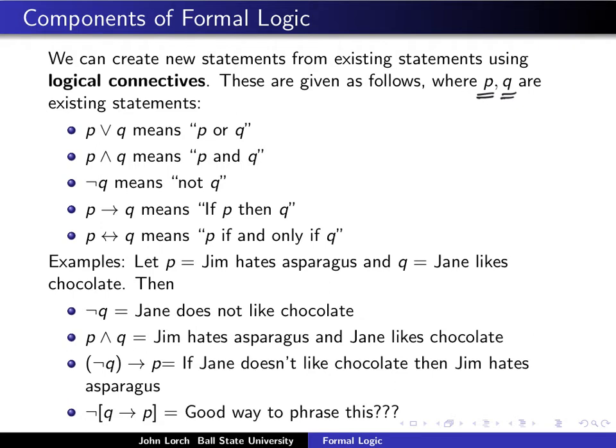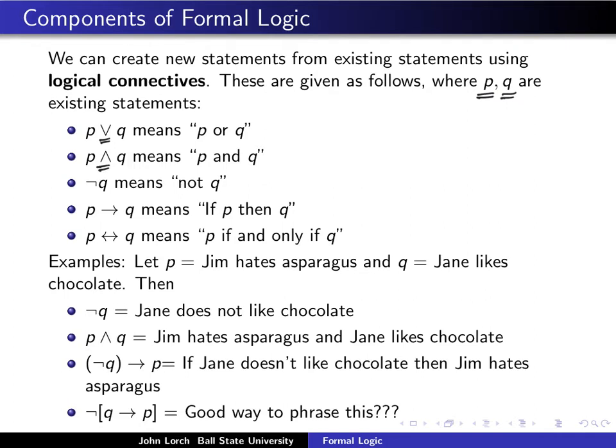So one thing we could do is talk about P or Q, which is denoted by this wedge symbol. So that's P or Q. We could also form P and Q, which is indicated by this tent symbol.